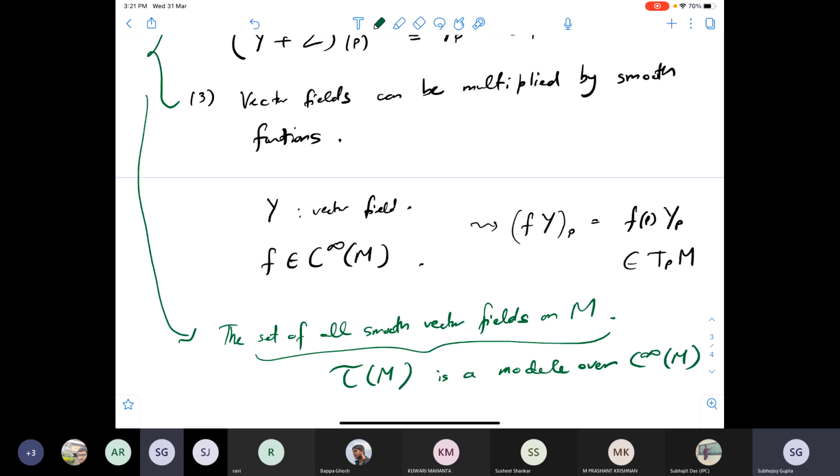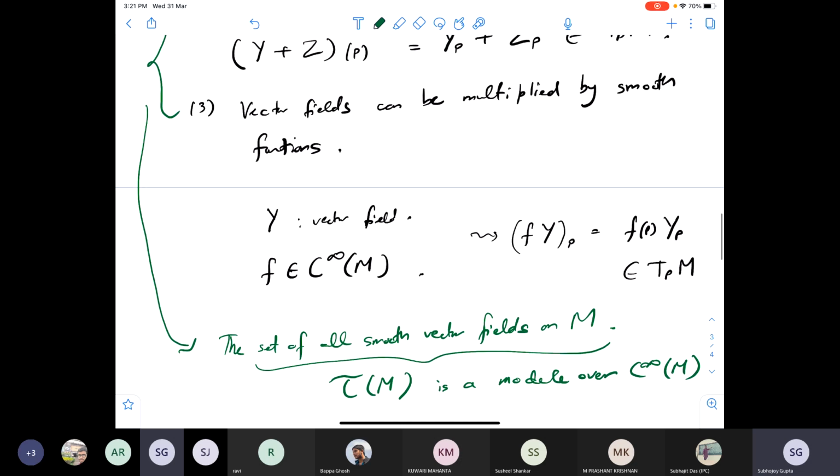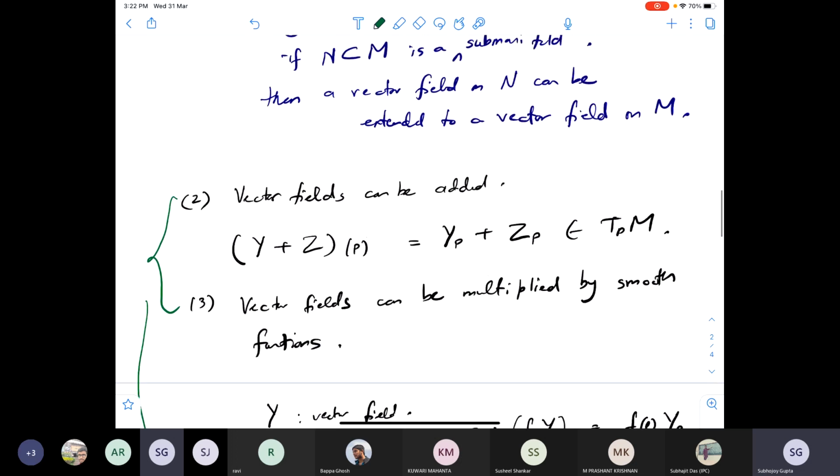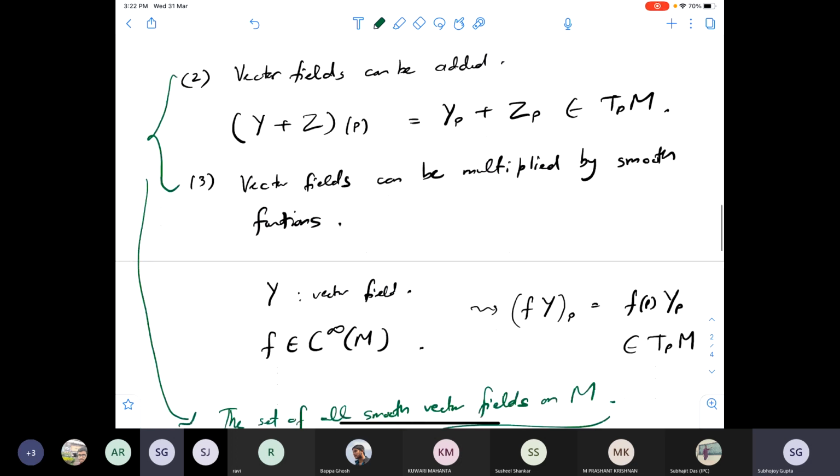This is just some terminology. It just tells you that these two things happen: you can add vector fields and you can multiply by functions.